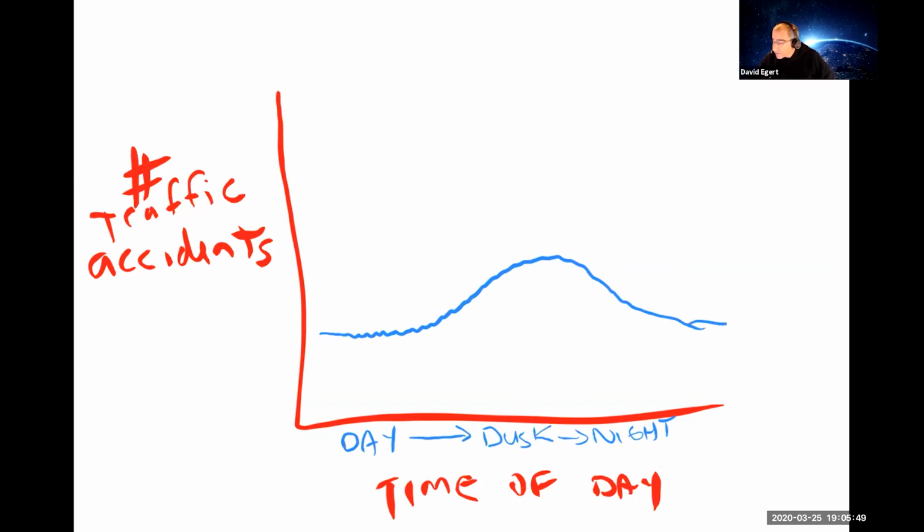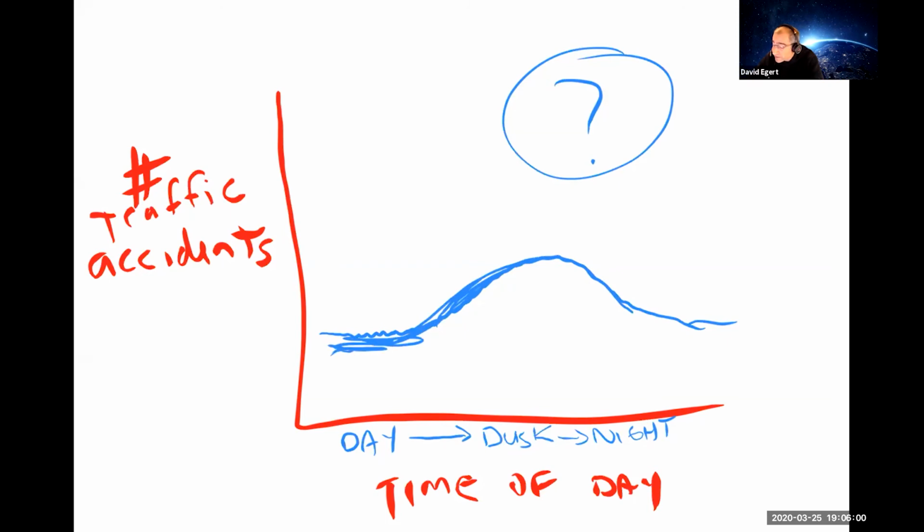Why would that make sense, especially given our data? Why would it make sense that you probably have more accidents near dusk? So this makes sense, right? In the daytime, something jumps in front of your car, and the reaction time to deal with some visual reflex matters. If you see something jump in front of your car and you have to either swerve or hit the brake, that's a visual reflex.